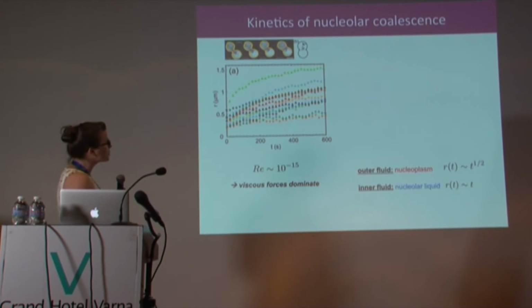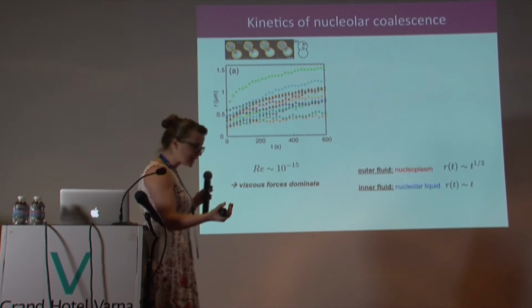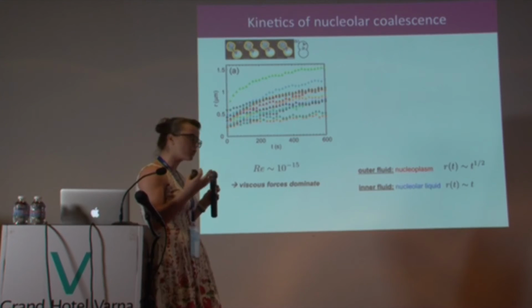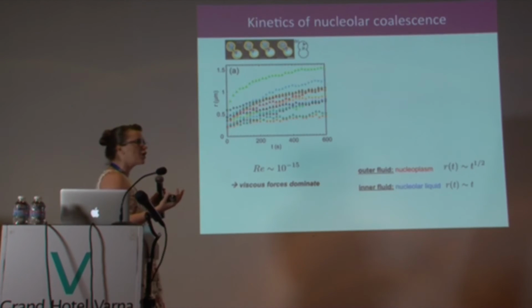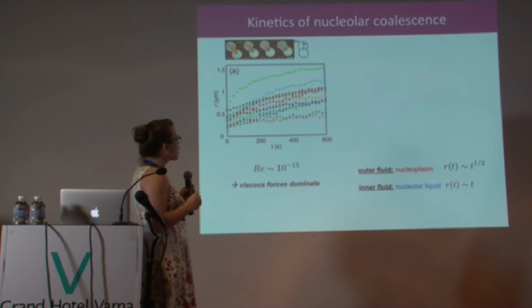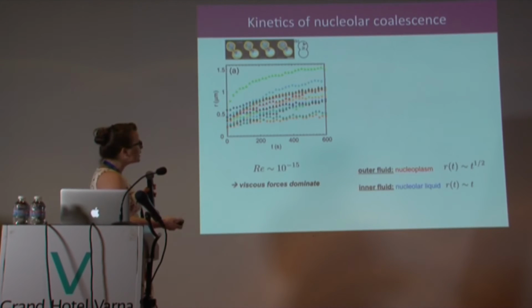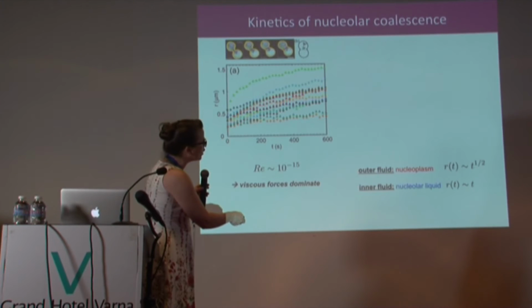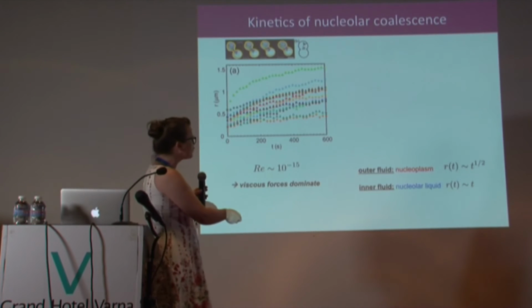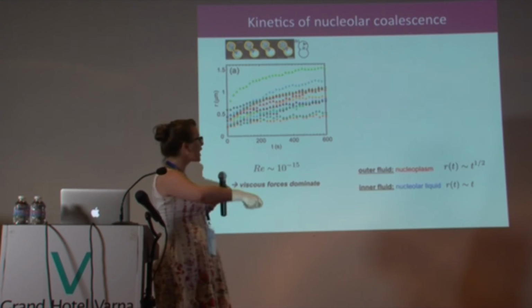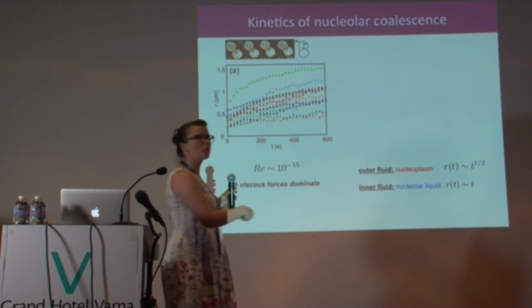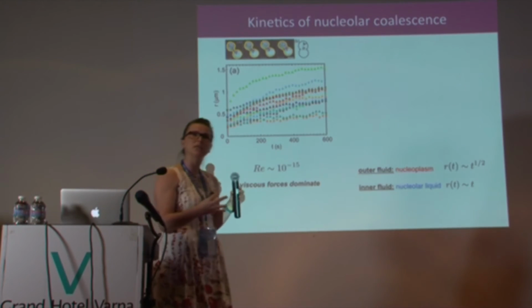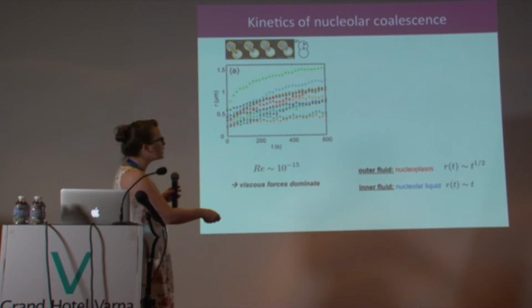That allows us to go even further and look at the temporal dependence of the behavior. How does it change if the outer fluid is dominating or the inner fluid? The temporal dependence for the growth of the neck is very different. If the nucleoplasm, the outside, is dominating, then it should go as t^(1/2). If it's the inner fluid, then it should go linearly with time.